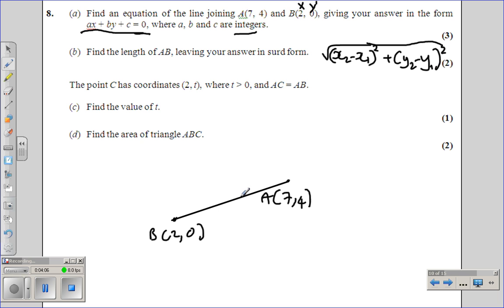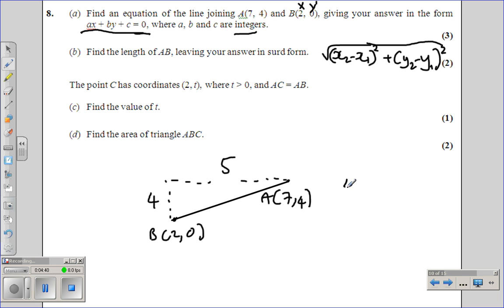You can just use Pythagoras because for any line you can make a right angle triangle by going along and down. The y coordinate here is 0, and the y coordinate here is 4, so this distance must be 4. And here, this is 2 along, and this is 7 along, and the difference between 2 and 7 is 5. That's exactly what you're doing here, just in a more formal way.